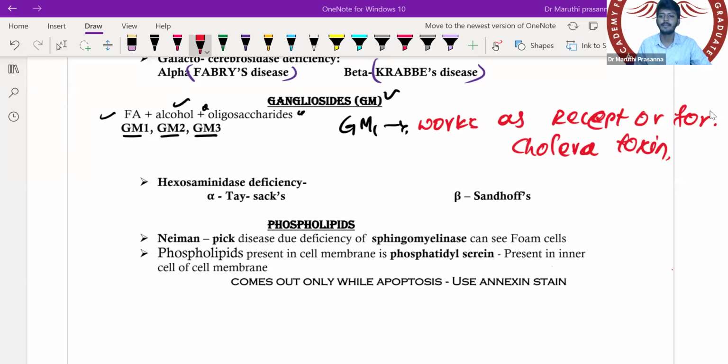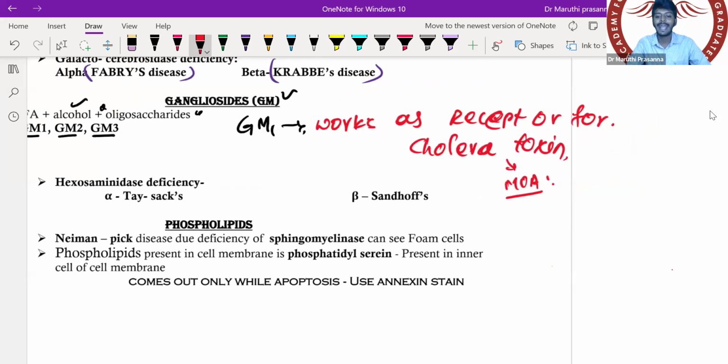Cholera toxin's mechanism of action: it will cause rice water diarrhea. How? By acting upon which enzyme in the intestinal epithelium? Yes, it acts on an enzyme called adenyl cyclase, which leads to a change in cAMP, which causes the secretion of plasma into the intestine, causing diarrhea.